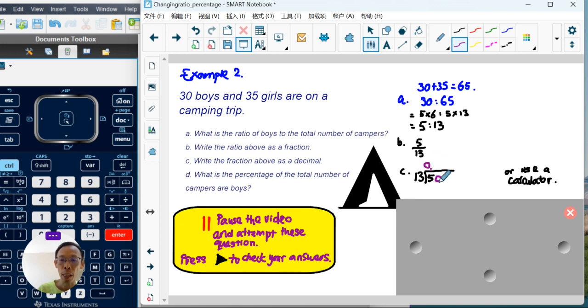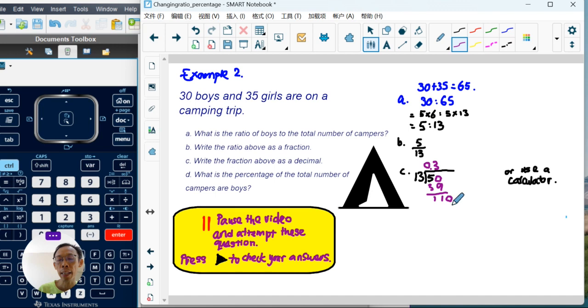So put a 0 here because I added a 0 there. So now I have to think about, well, how many 13s will give me as close to 50 as possible? How about 3? So 3 times 3 is 9, 3 times 1 is 3. So this becomes 11 and 10, for example, and I can keep on the process, or you can use a GDC.